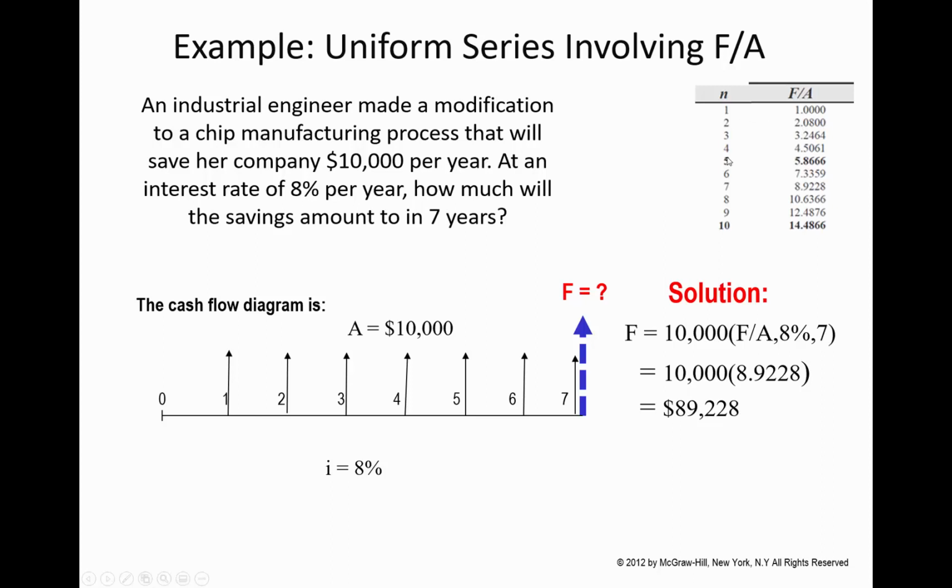This is from the 8% table for n equals 7. Multiply the given 10,000 amount by the factor 8.9228.